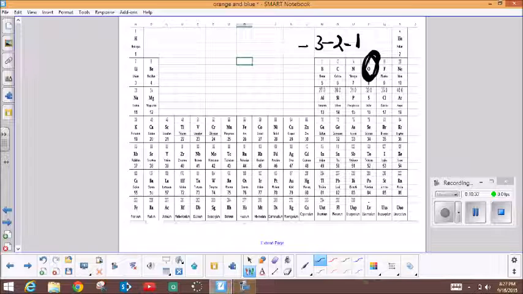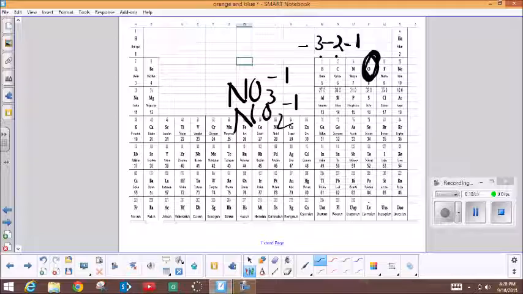And then when I am NO3, I'm -1. And I'm NO2, I'm -1. When I am in the next column, I am a -2, and when I'm in the following one, I am a -3. So that's the only ones that we're doing right this moment that have an exception to their charges.